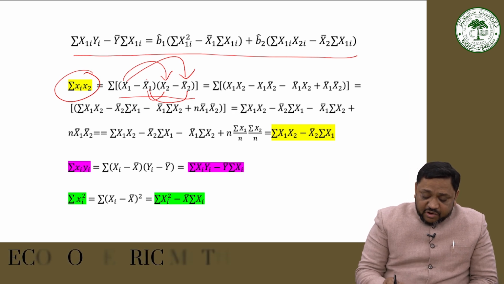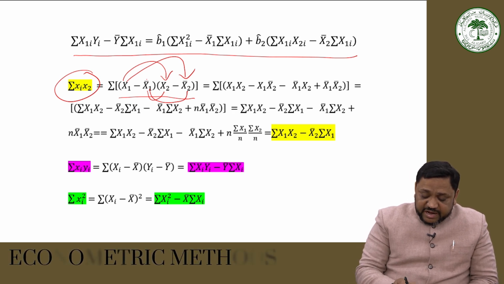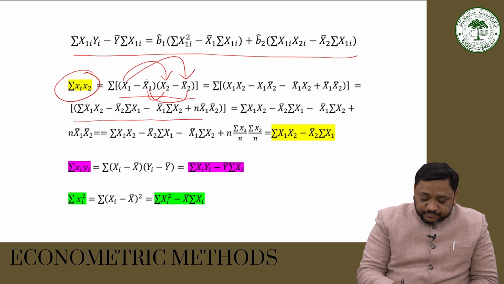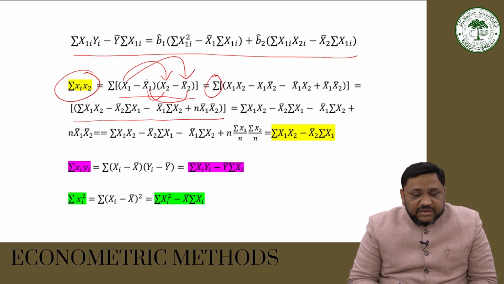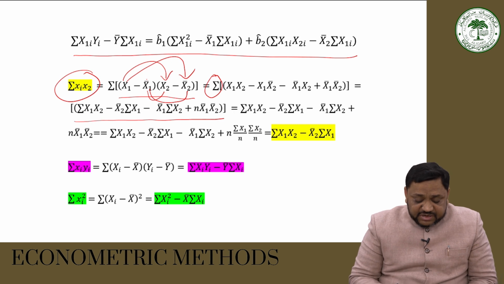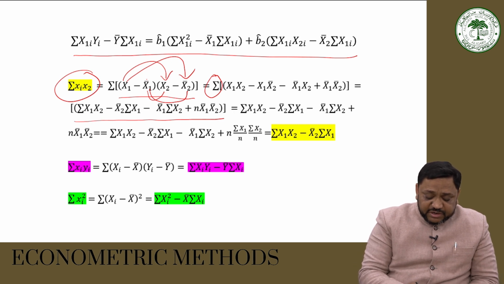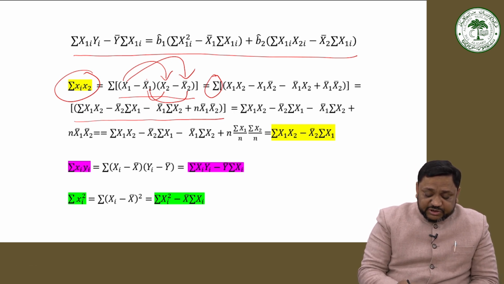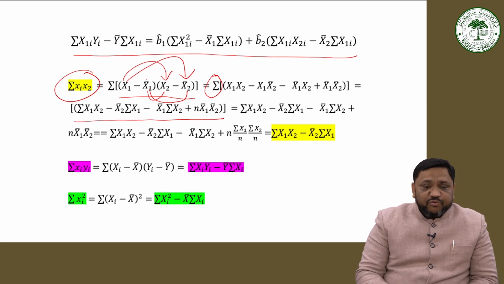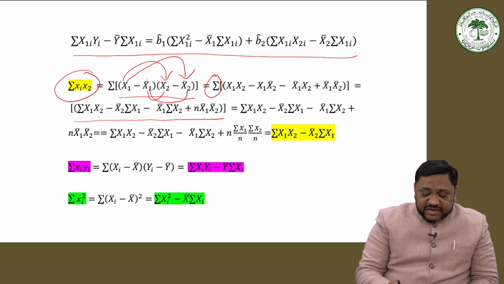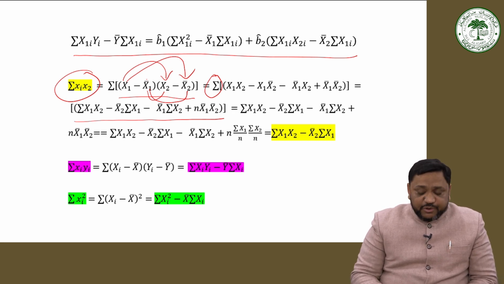Now this equation can be written by taking the summation inside the bracket, so it becomes summation x1 x2 minus x bar 2 summation x1 minus x bar 1 summation x2 plus n x bar 1 x bar 2.